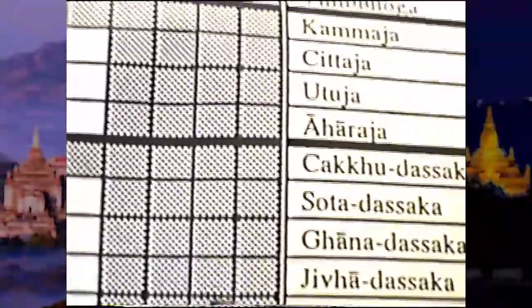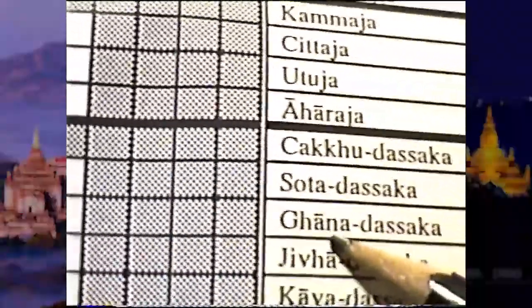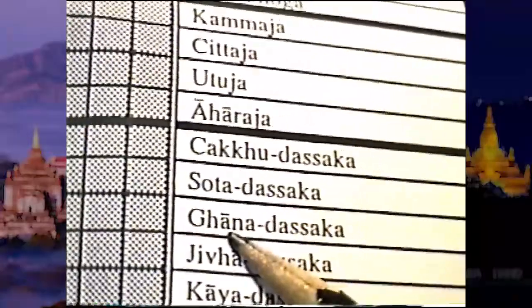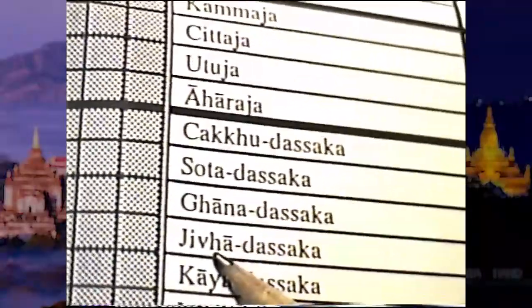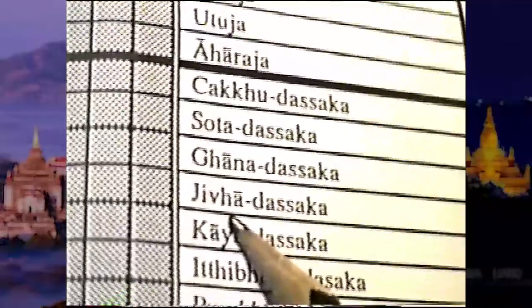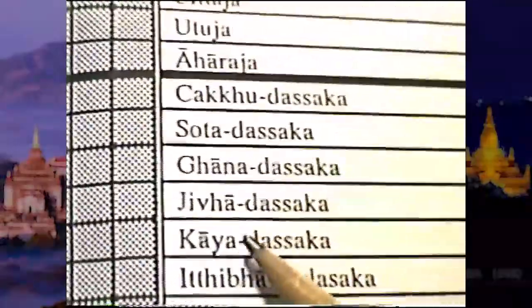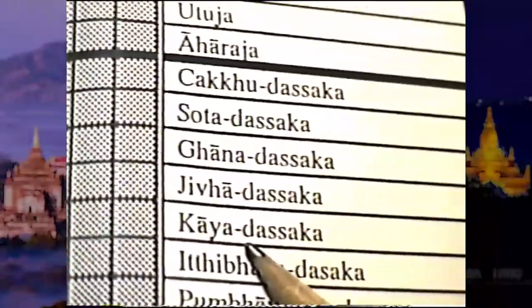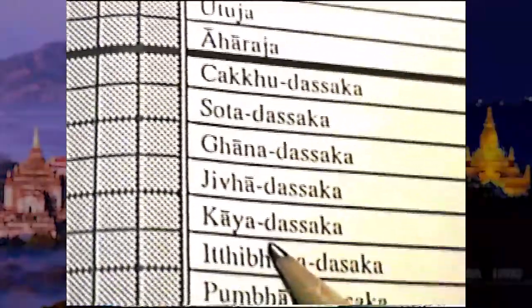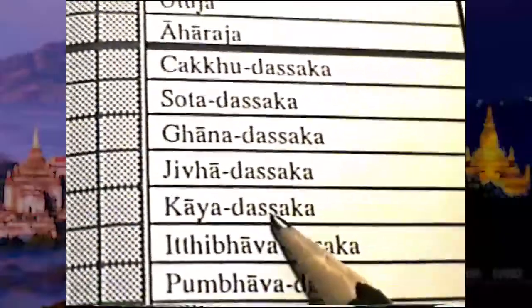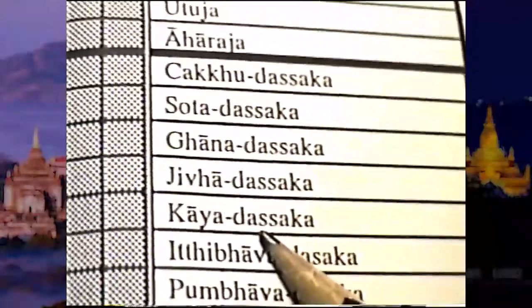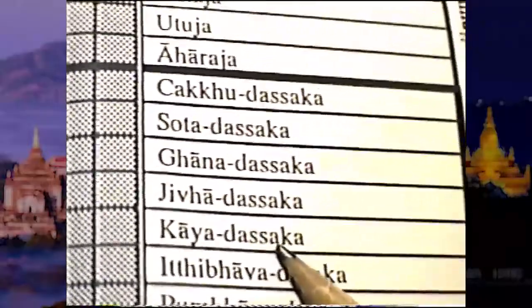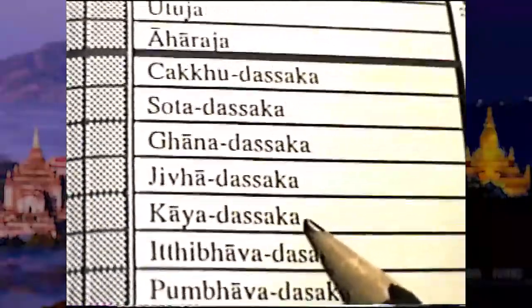Then 8 inseparables, Jivita plus tongue sensitivity, Jihva. These 10 are called Jihva Dasaka. Then 8 plus Jivita plus body sensitivity. These 10 are called Kaya Dasaka or body decade.